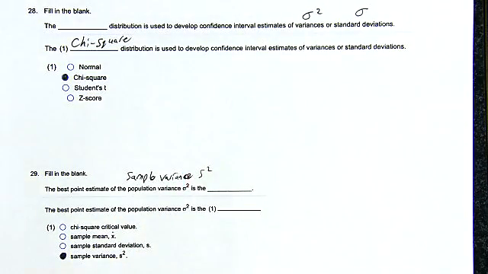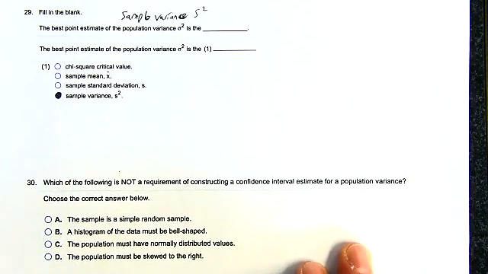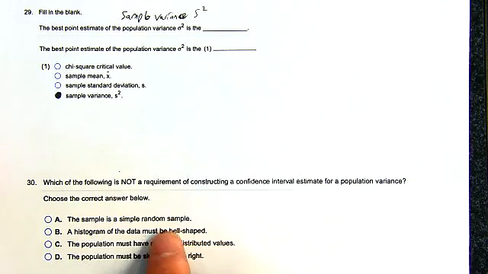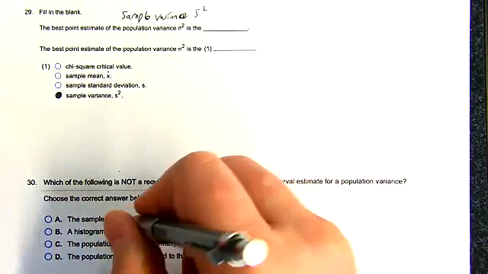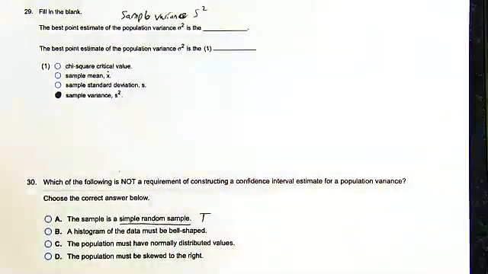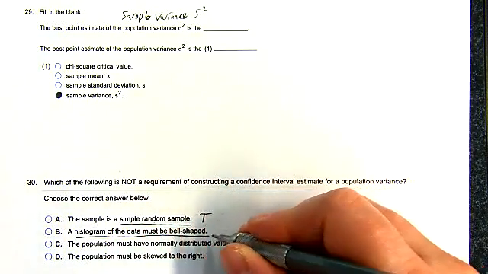Okay, last one. Which of the following is not a requirement of constructing a confidence interval estimate for a population variance? The sample is a simple random sample. If you go back to all those problems we read today, they all said simple random sample. True. A histogram of the data must be bell-shaped. So we said you have to have a normal curve to do this data.